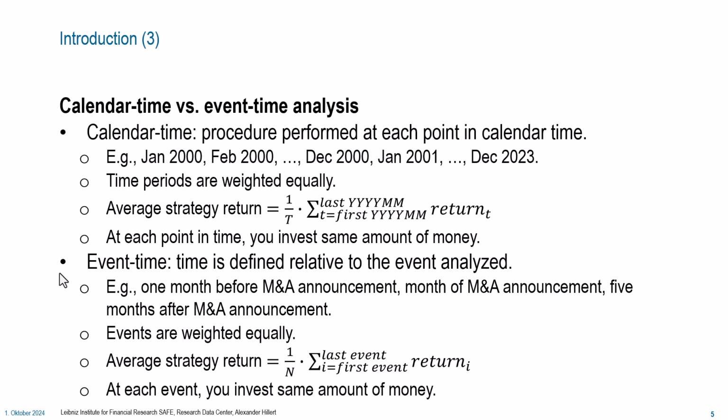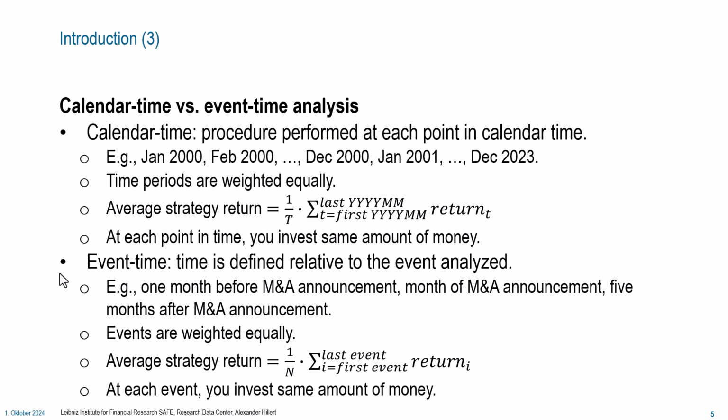Month T could be the month of the M&A announcement. And month T+5 could be the month 5 months after the M&A announcement. And here we would decide, for each M&A announcement, what is the month before, what is 5 months after, what is the event month.